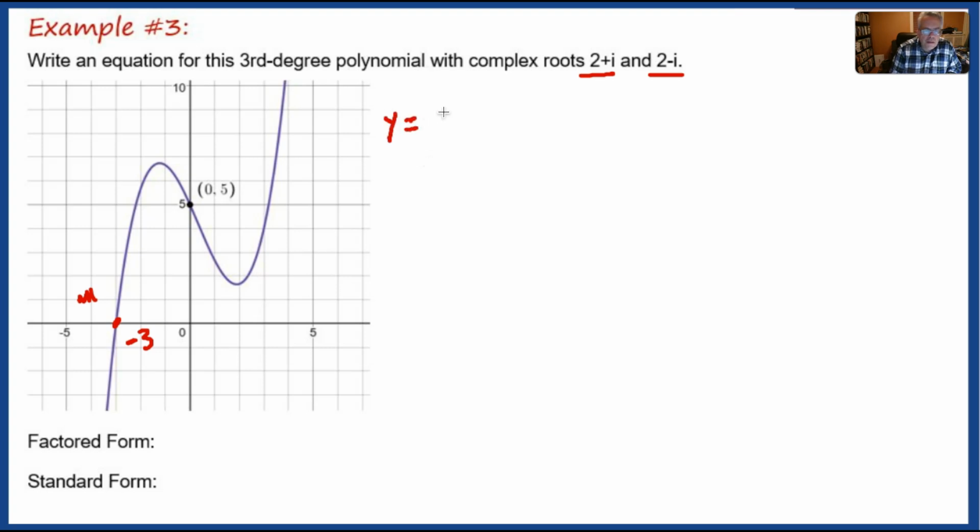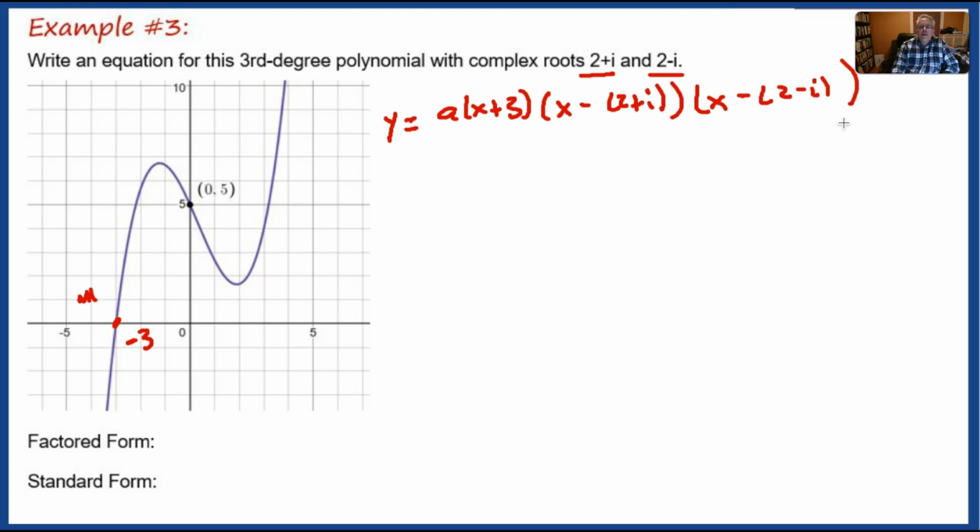So we have y equals a times x plus 3, that's due to that root, times x minus parentheses 2 plus i and x minus parentheses 2 minus i. Same thing. Going to put in 0, 5. So we're going to put 5 in for y and 0 in for x.